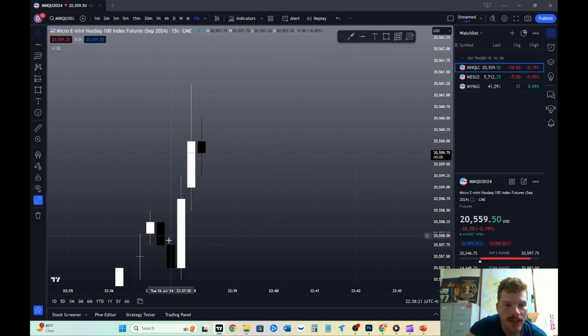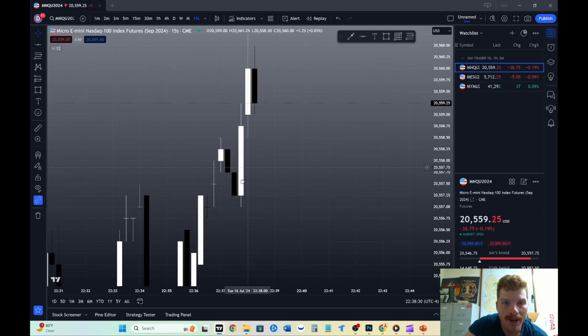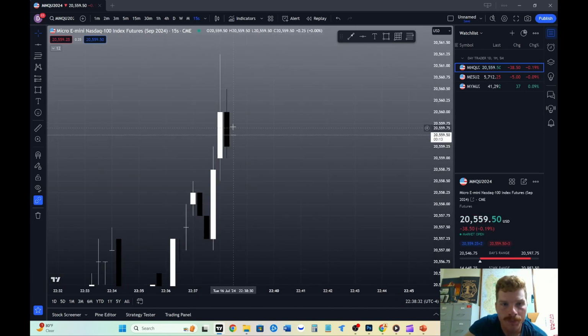So each one of these candles shows 15 seconds, and you can make it show a minute, 2 minutes, 3 minutes, 5 minutes, etc. Now for bearish candles, like this one right here, the candle opens at the top of the body, increases to a certain price, decreases to a price, and then closes at the bottom.